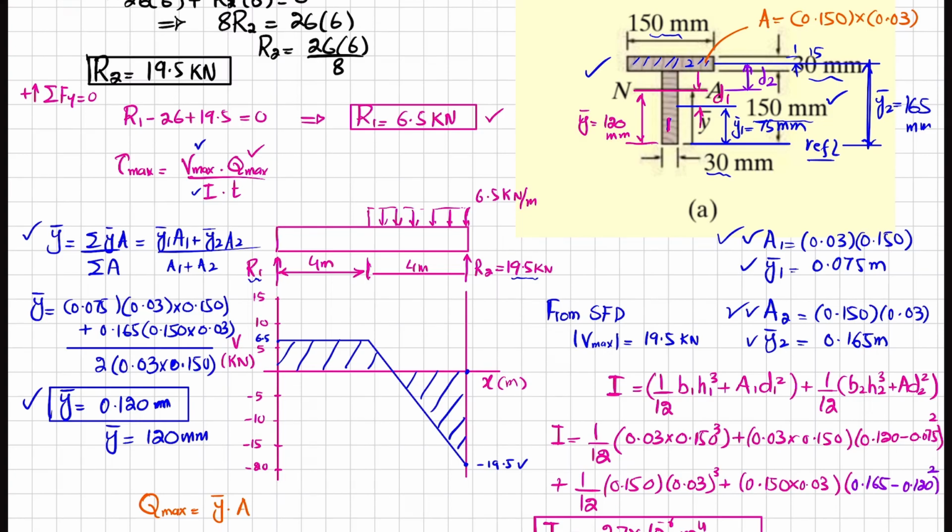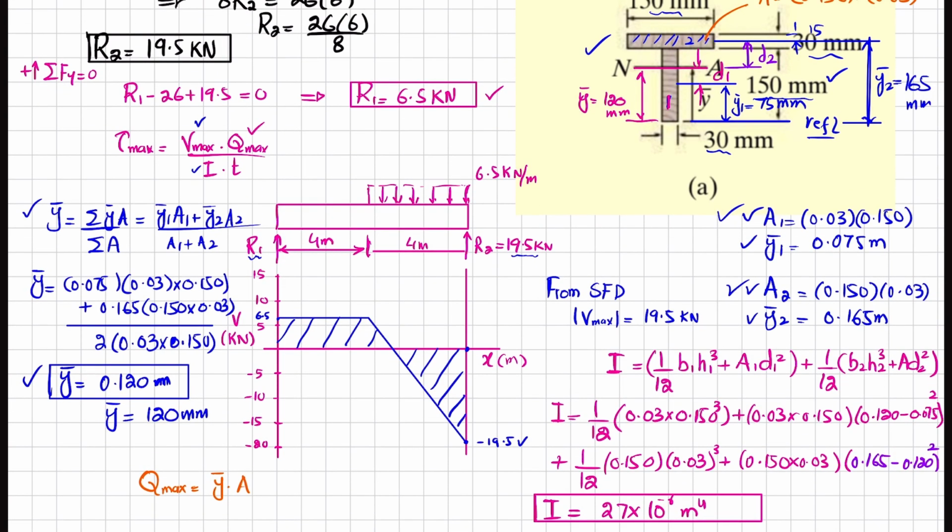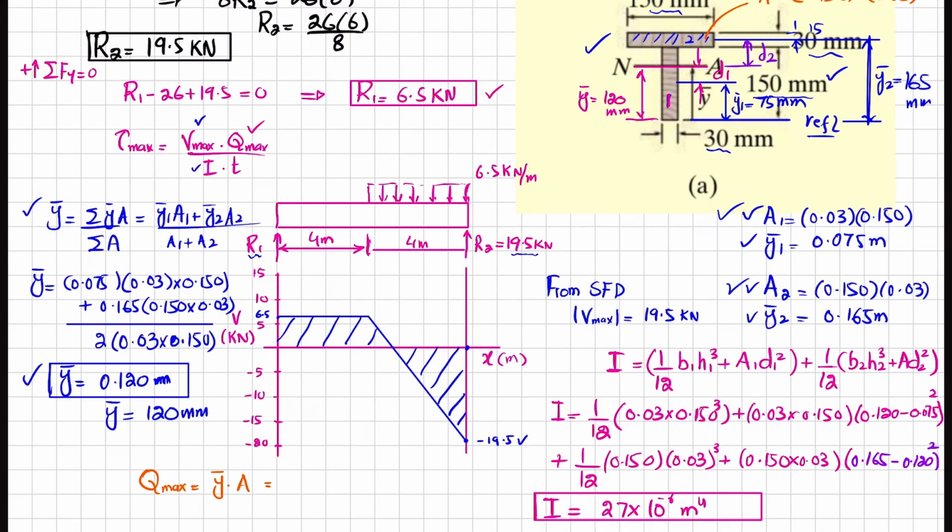So y dash is the distance from the neutral axis till the mid of this section, and that is d2, and that is 165 minus 120. Clear? So we can write that Q max is y dash, 0.165 minus 0.120, into A, 0.150 multiplied by 0.03.